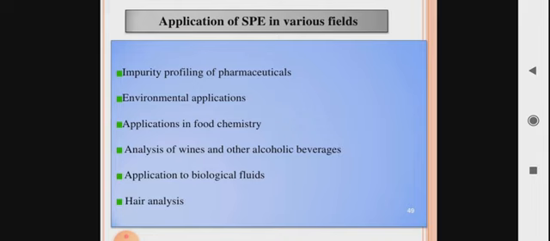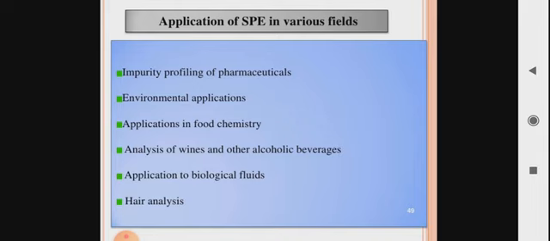Environmental application: here we can find out the pollutants present in the environment or in an area. So this method we can use for preparation. Application in the food industry or in food chemistry. Then analysis of wines and other alcoholic beverages. Application to biological fluids: different biological molecules we can separate out and isolate from body fluids.